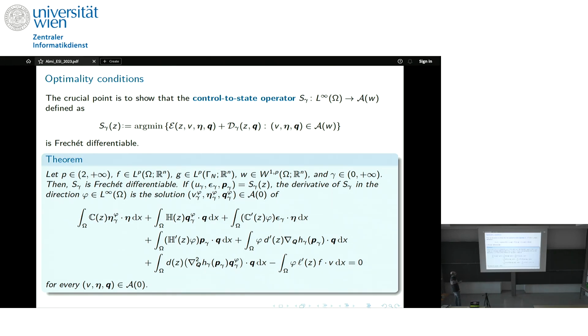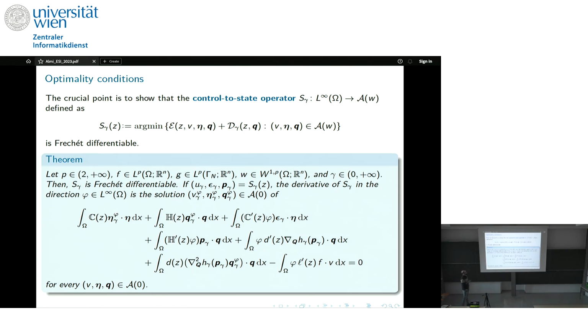The problem that you see here is not so nice, but at the end of the day it is still a sort of elastoplastic problem. And you see here why I need a regularization. Here I'm taking a gradient of H gamma, and here I'm even taking a Hessian, so a second derivative. This is why you need to regularize the function at the beginning.